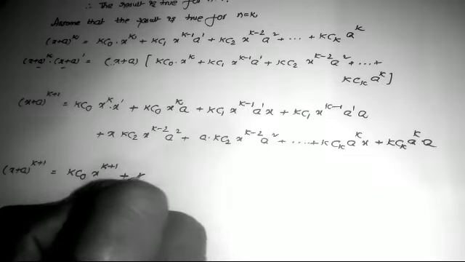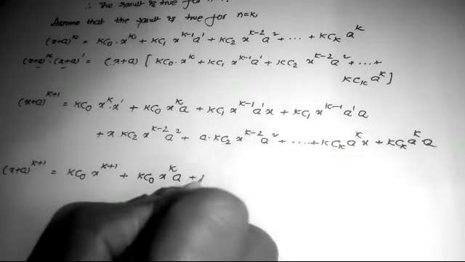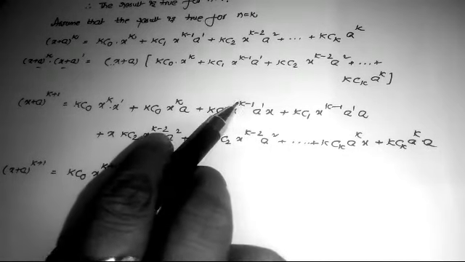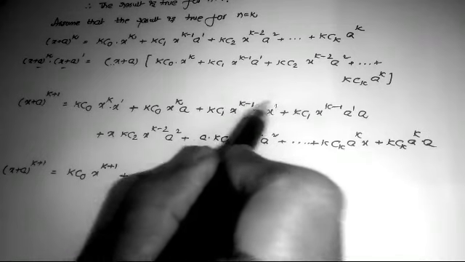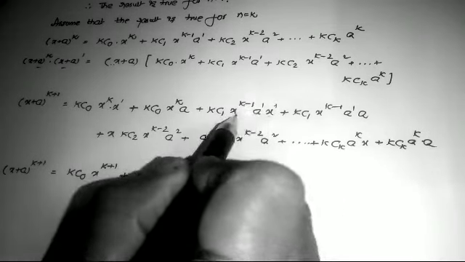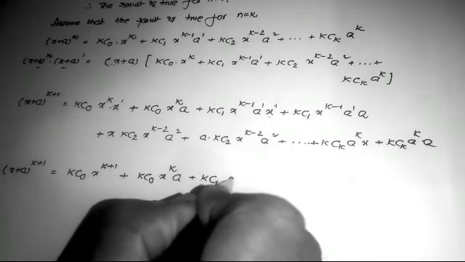Next, kC0 into x^k into a, plus kC1 into x^(k-1) into x. This is 1 here; k minus 1 plus 1 becomes only k. The bases are equal, so add the powers: k minus 1 plus 1 returns only k here.